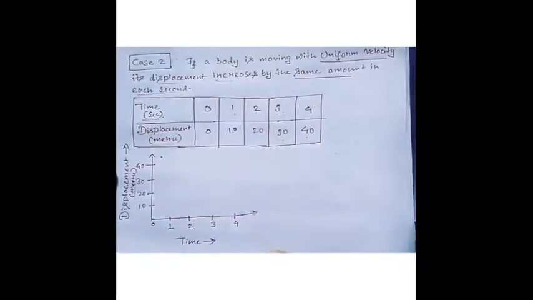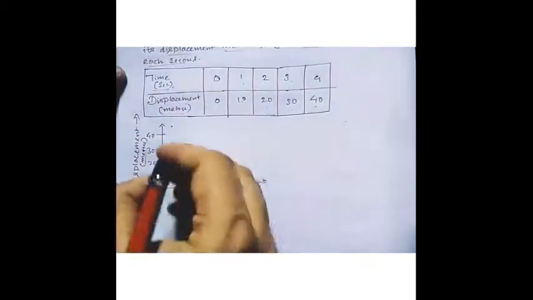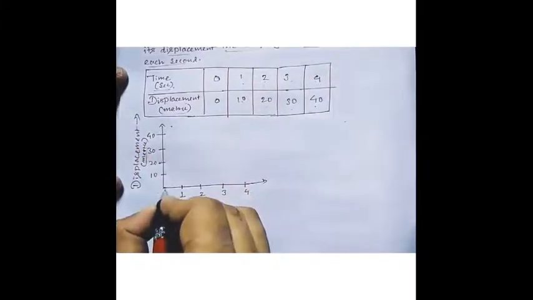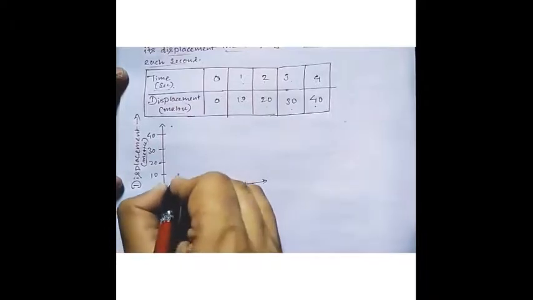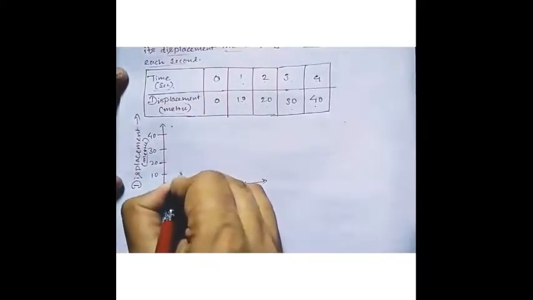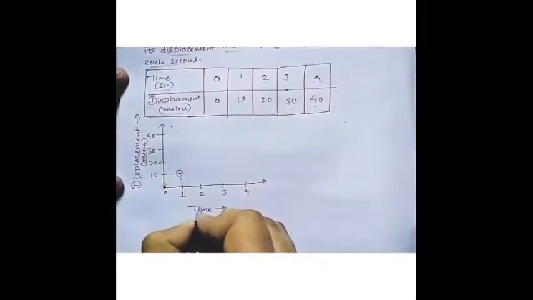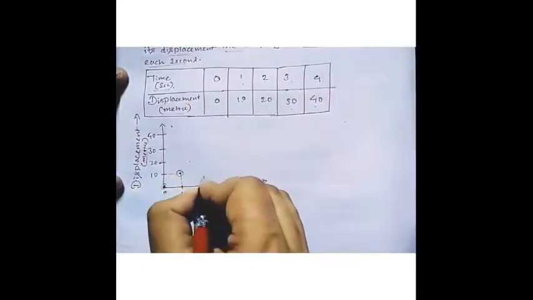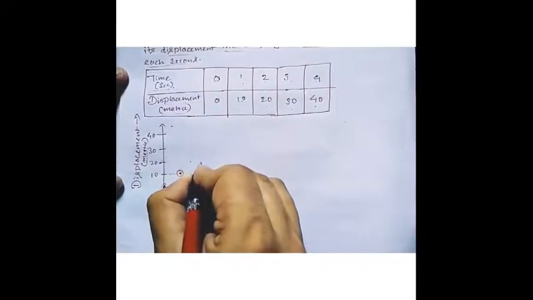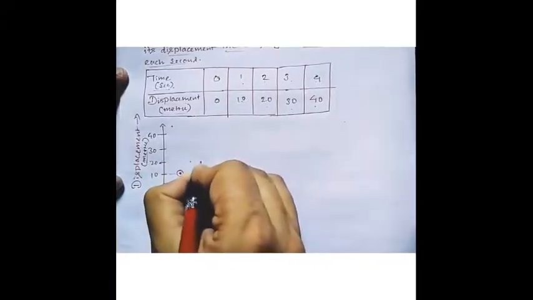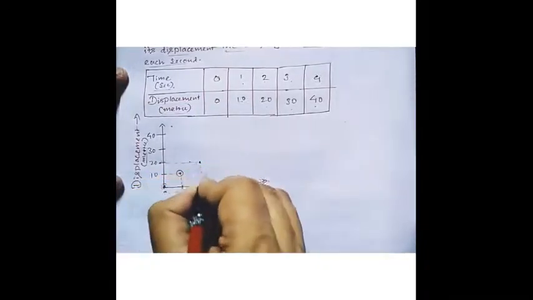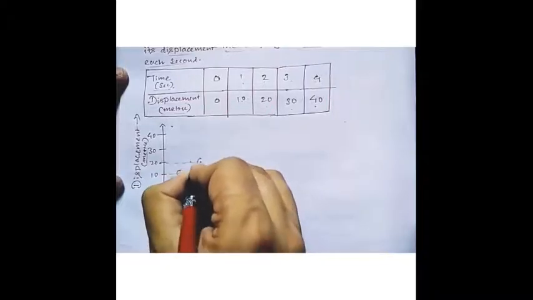Now I will draw all these points on the graph. When the time is 0, displacement is 0, this is the (0, 0) point. When the time is 1, displacement is 10, this is the point. When the time is 2, displacement is 20 meters, this is the (2, 20) point.